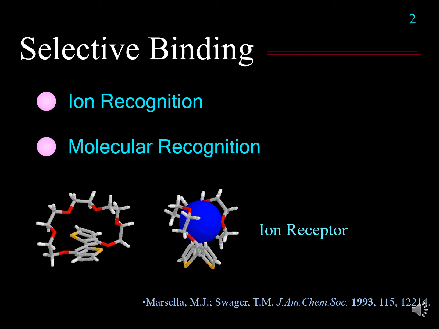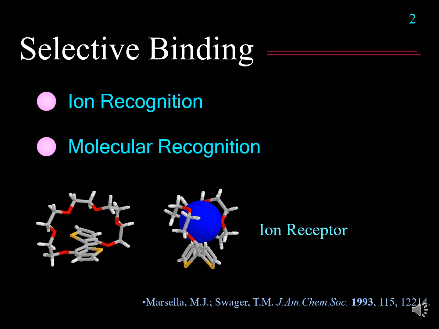First of all, this is an example of an ion receptor. In this work, they're trying to catch a potassium ion. What they use as a receptor is these macrocyclic molecules. It's not a very huge molecule actually, but it's composed of 1, 2, 3, 4, 5, 6 oxygen atoms labeled in red color.